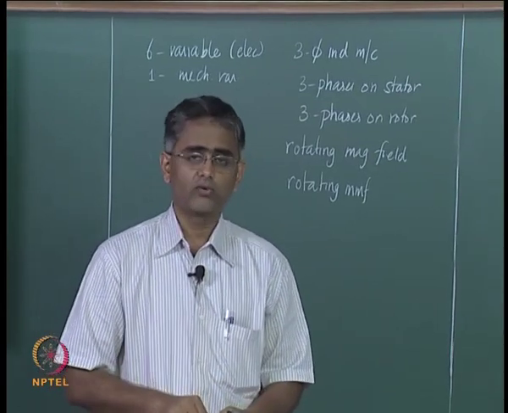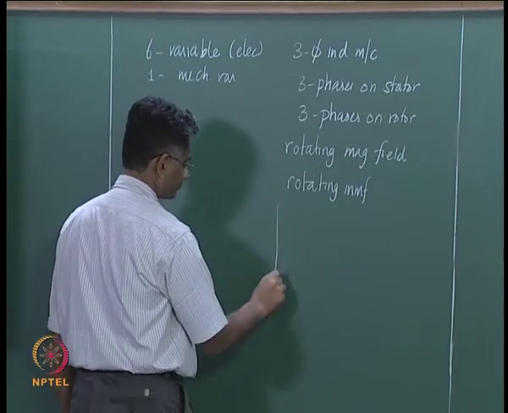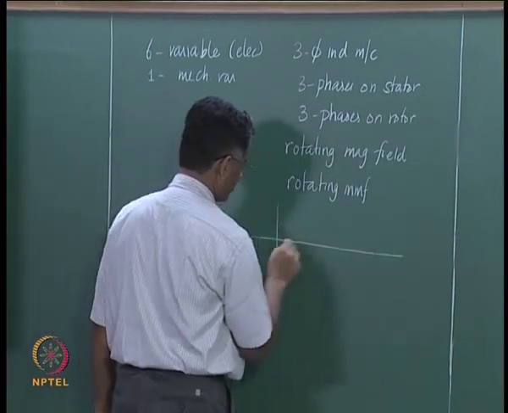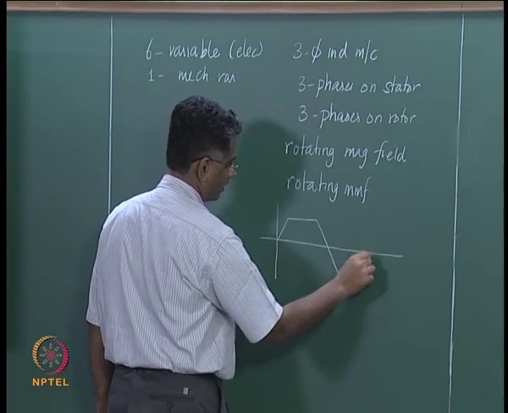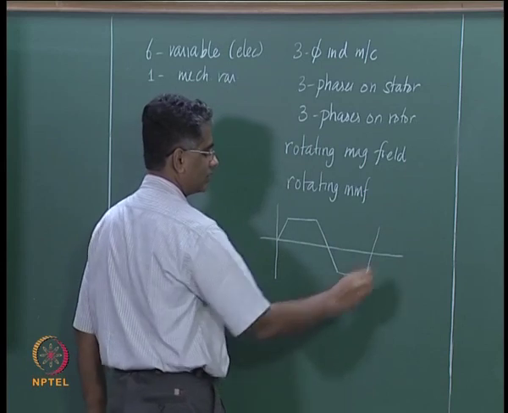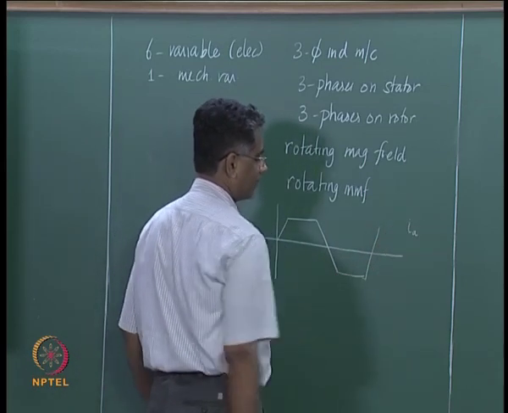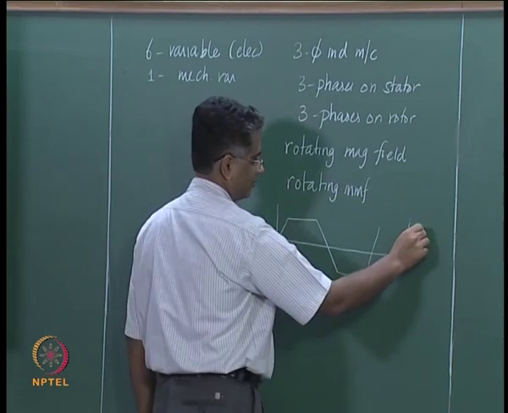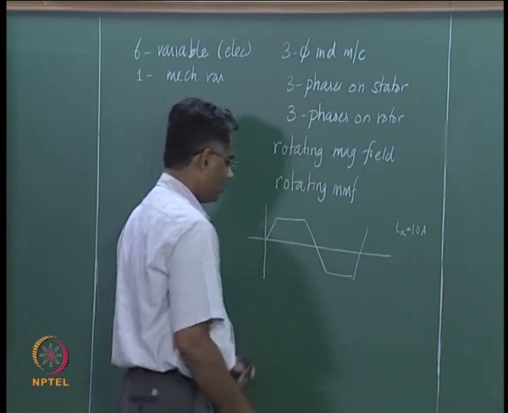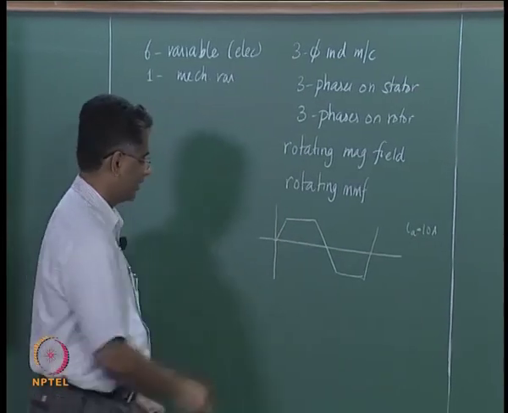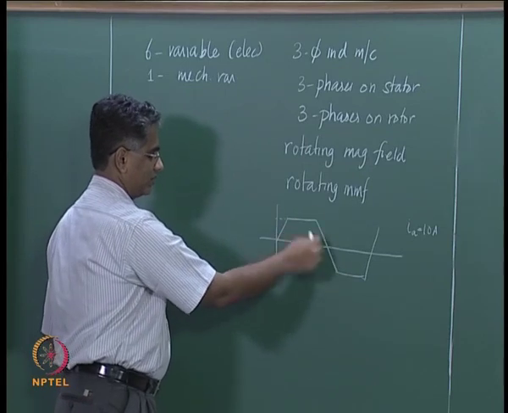And this MMF waveform, what we had drawn was a trapezoidal waveform for a distributed winding, and this is for a specific flow of current IA, some value. For example, let us say IA equal to 10 ampere. This is the distribution having a certain amplitude and then a certain region where it decreases.